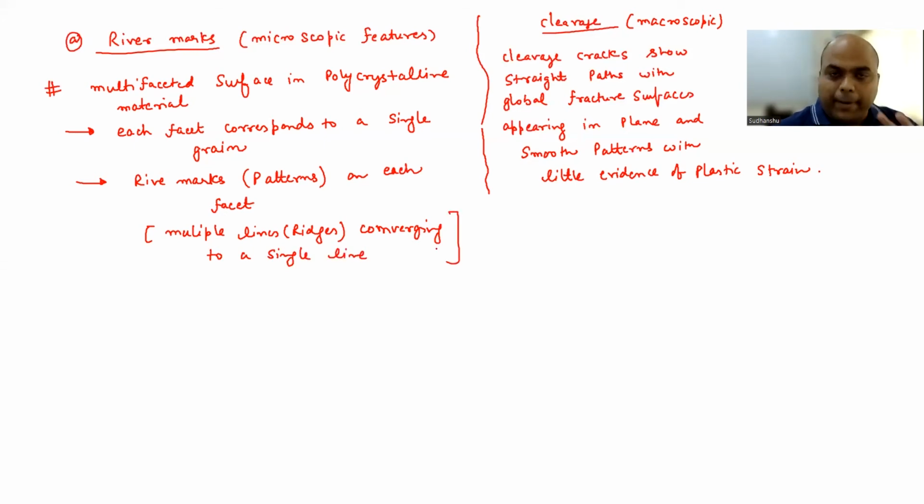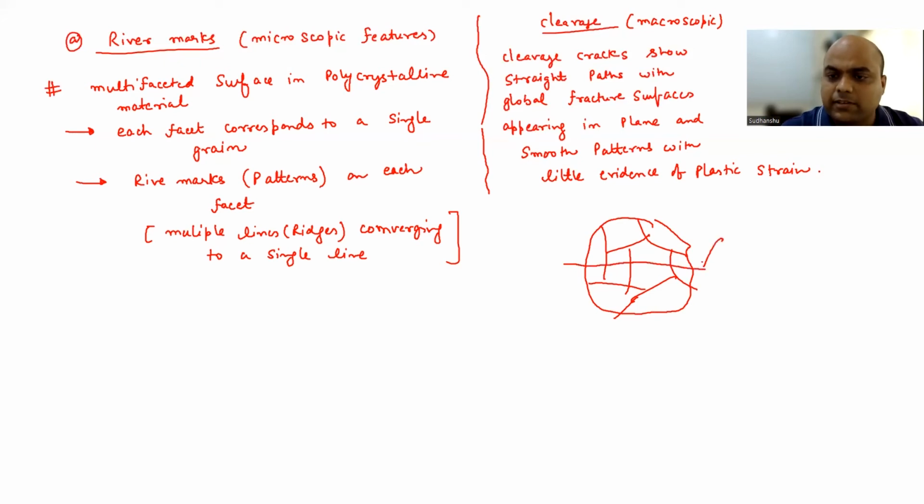Okay, so macroscopically, if you see the fracture surface, you are going to see facets, right? A very smooth plane. So if I have a polycrystalline material, suppose you have grains, and after it has fractured, suppose it fractured like this. So this is your crack. So you are going to see these surfaces as facets.